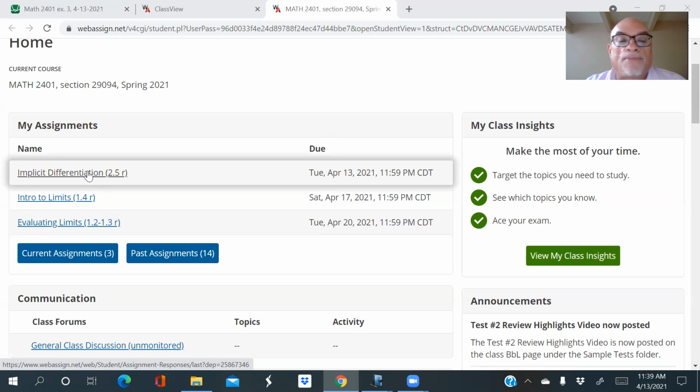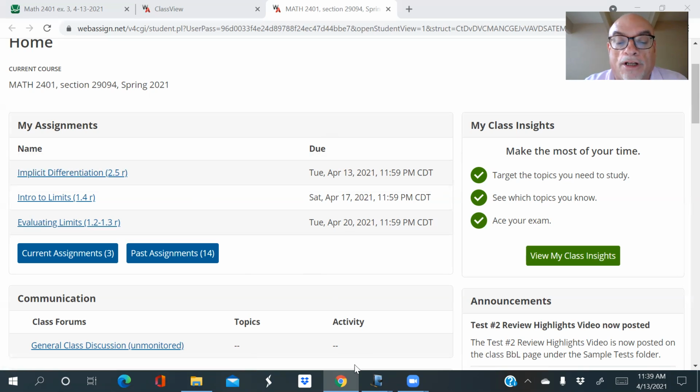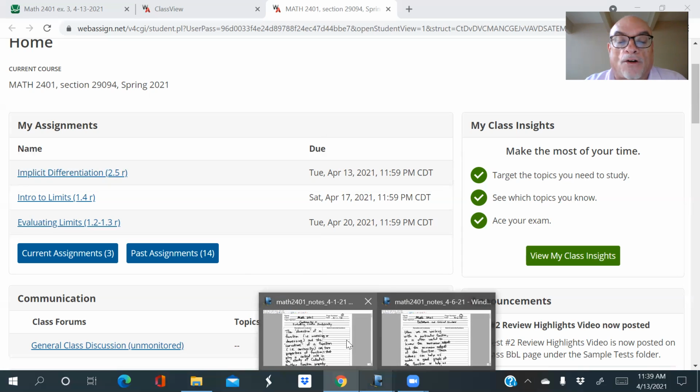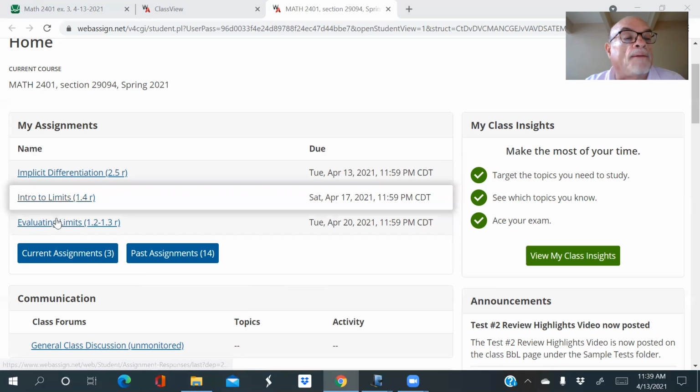All right, I'm not even going to open this implicit differentiation homework, because I already wrote down the questions that I wanted to look at. So we're talking about limits. Before I look at that, intro to limits. We did this last time, and that's due on Saturday. So I moved that back to Saturday.